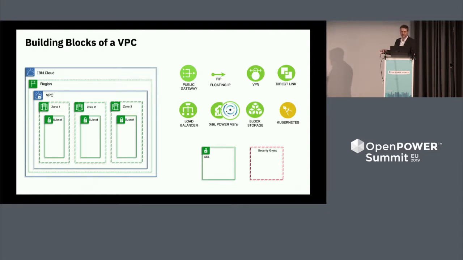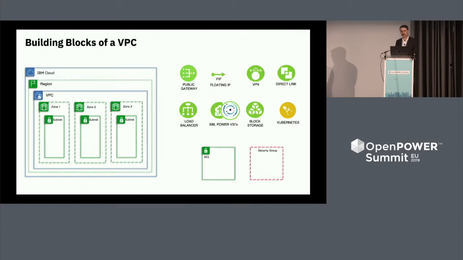I can now, from that instance, connect to any of my other instances using the private network that's there in my virtual private cloud. And there are other services available that you can add in, like VPN, to get a virtual private network, and Direct Link, which is, I think, a similar concept, but Direct Link does allow you to link directly from your virtual private cloud into your own company infrastructure, on-premise networking.